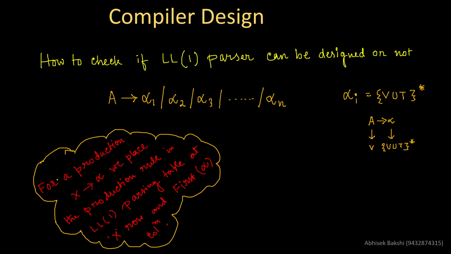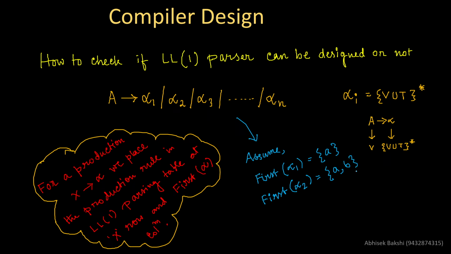Now, assume first of alpha 1 in this particular grammar is a, where a is a terminal. And first of alpha 2 is a and b.